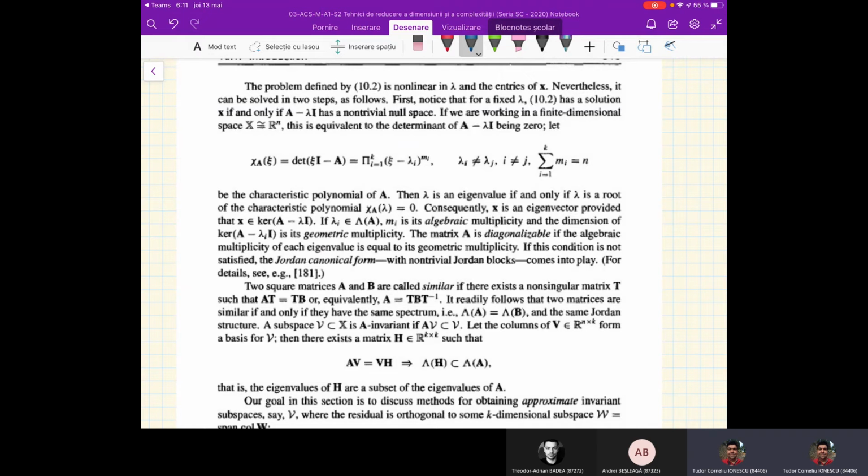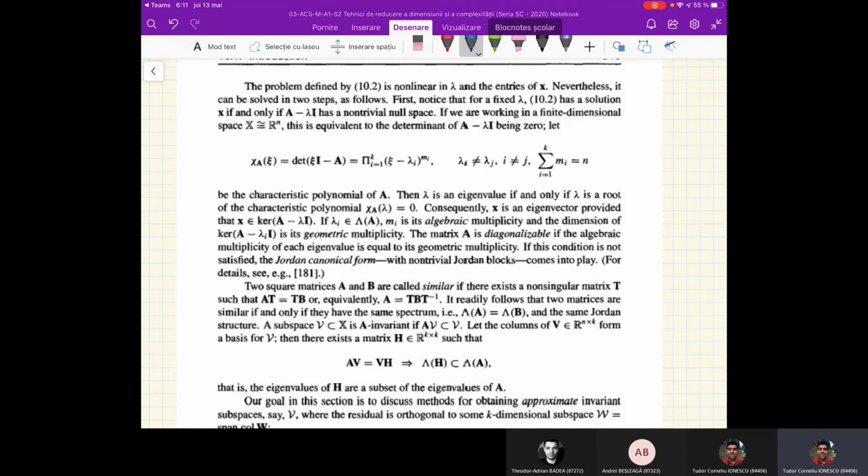And since we are in a finite dimensional space, such as Rn, this is equivalent to the determinant of the matrix A minus lambda I being 0. So you can see here the polynomial chi A of psi is the determinant of psi I minus A, which can be written as the product of the monomials created using the eigenvalues.